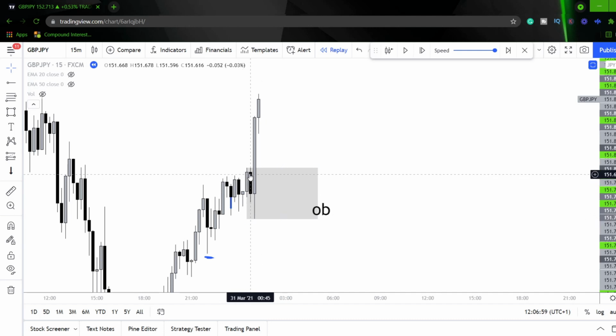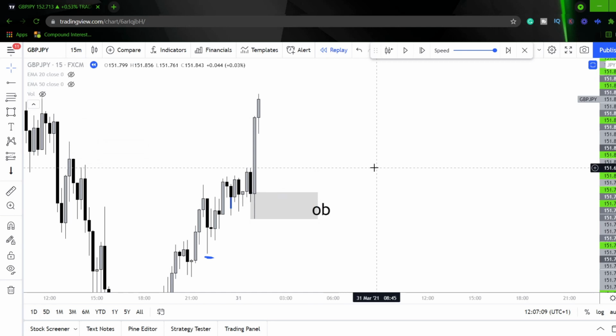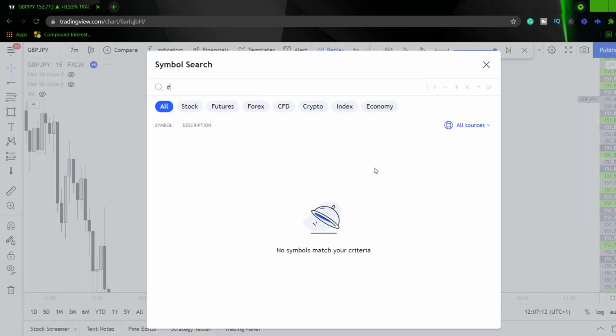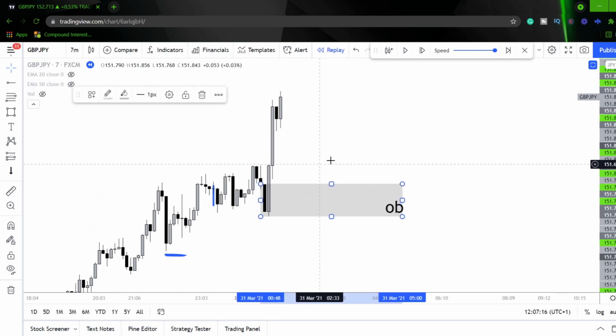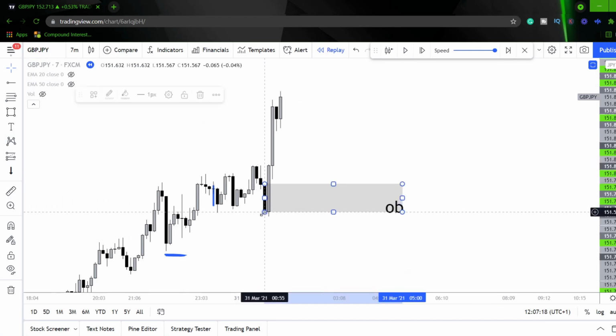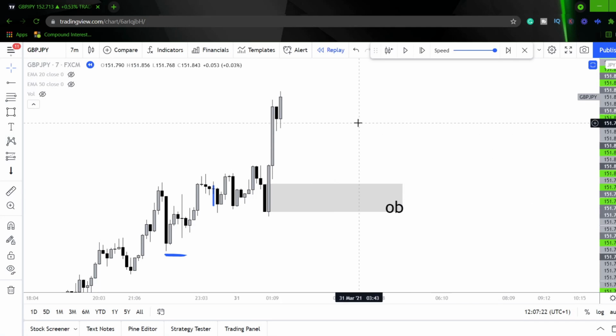Okay, in which case this is the last down candle before an up move. Let's go to maybe a 7-minute, might be a bit better. Okay, so look, now this is the last down candle before an up move. So it all depends on where you're viewing price from.